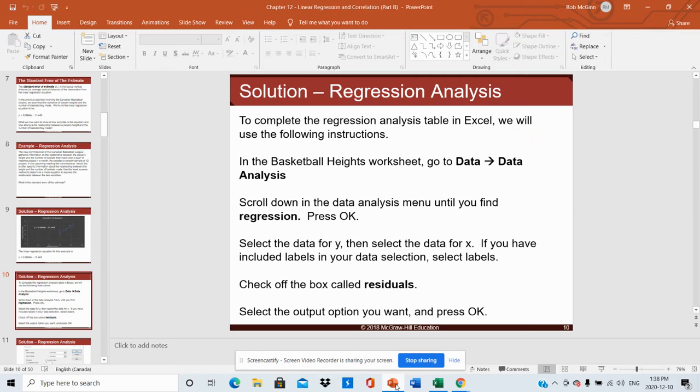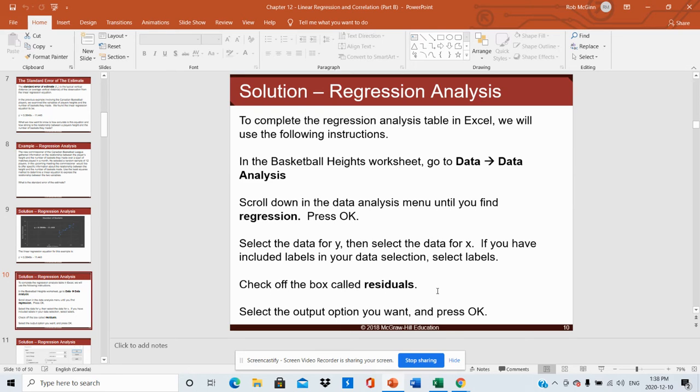So here are the steps on how we created our regression analysis table. In the Basketball Heights worksheet, go to the data menu, select data analysis, scroll down until you find regression, press OK. Make sure you insert your data for Y and X. If you've included labels in your data, make sure you select labels and check off that box.